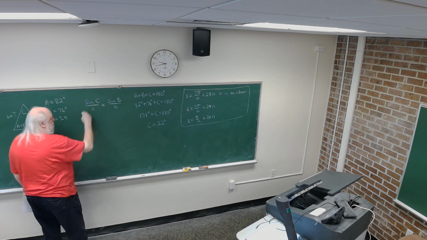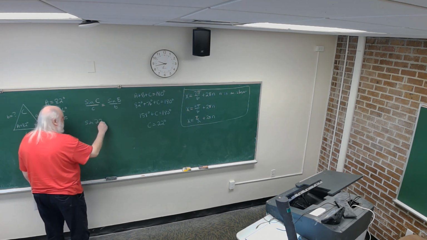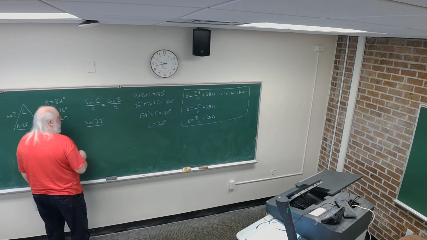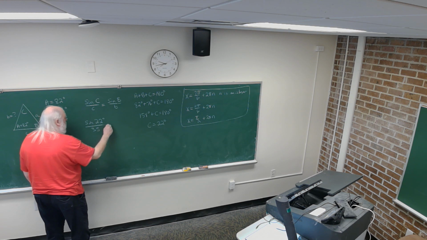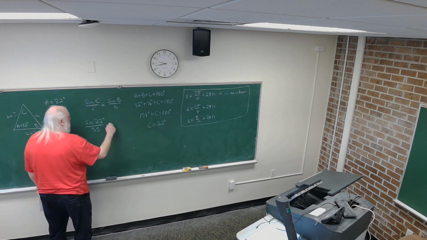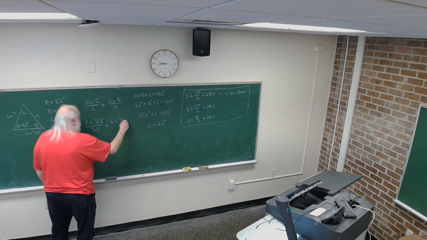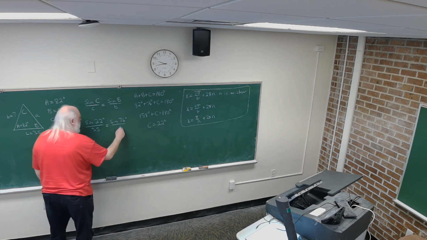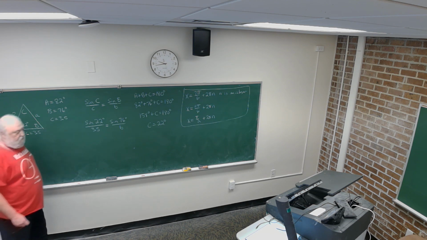So now when we substitute in, we have the sine of 22 degrees over side C, which is 3.5 meters, is equal to the sine of angle B, which is 76 degrees, divided by the unknown length B. Well, we have a fraction on the left, fraction on the right.